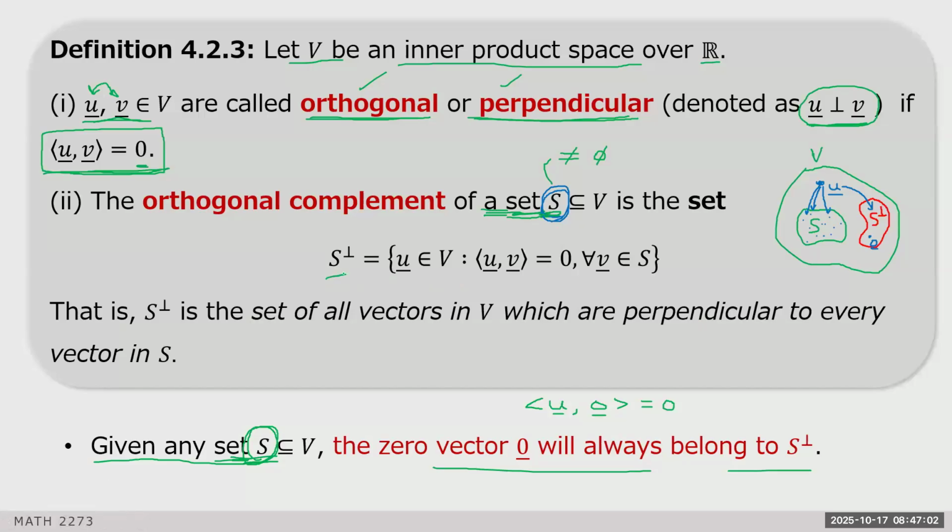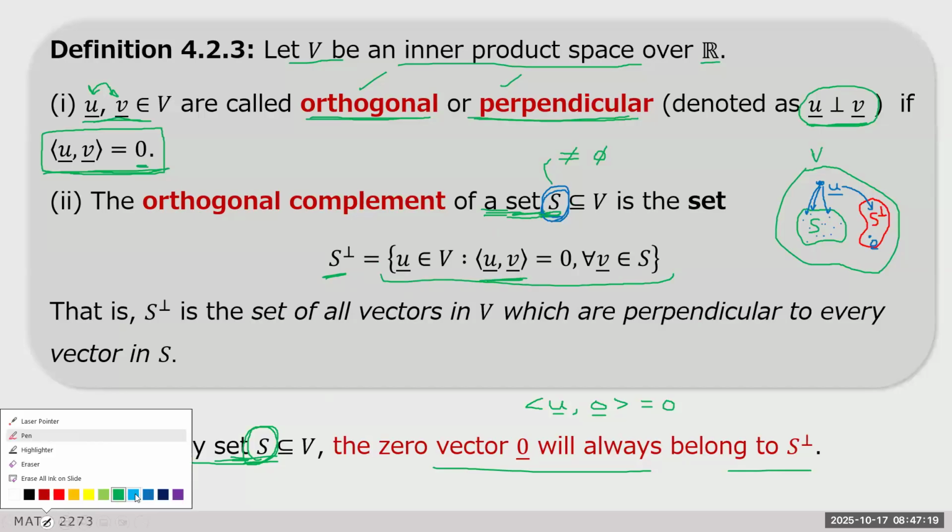The definition of the orthogonal complement is that it's equal to the set of all vectors which are perpendicular to everything in that set. So my question to you is, how many vectors does the inner product require? It requires two vectors.